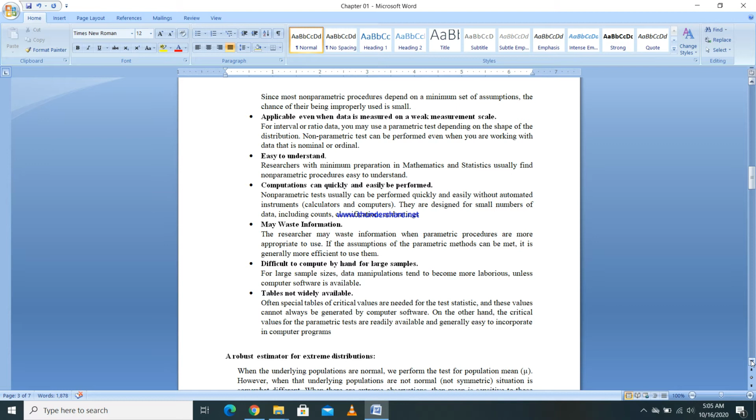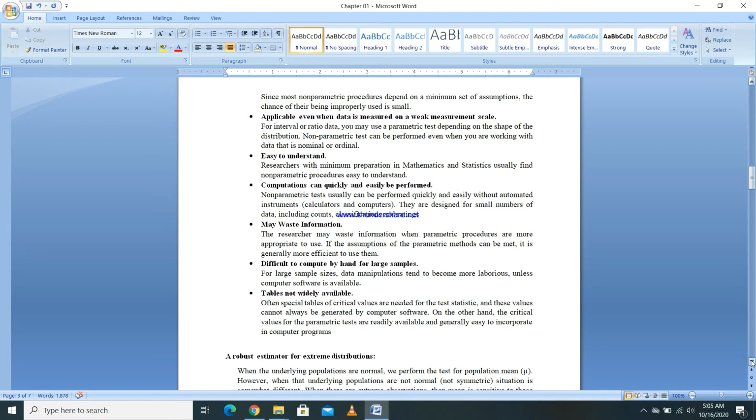But in this case, the non-parametric procedures are very, very easy to understand, even if you have zero knowledge in statistics. That's why we use this non-parametric method, especially in the medical field.